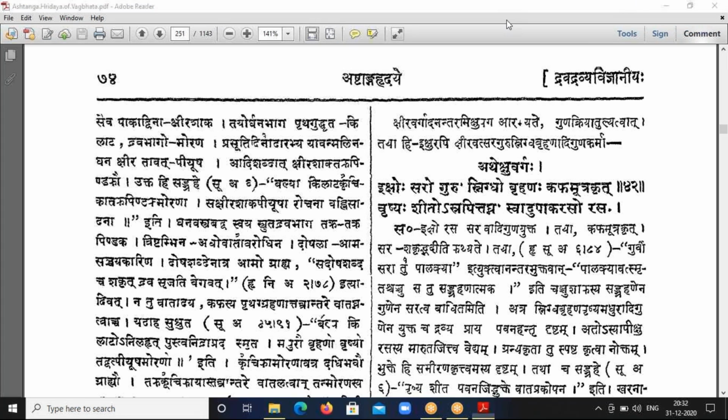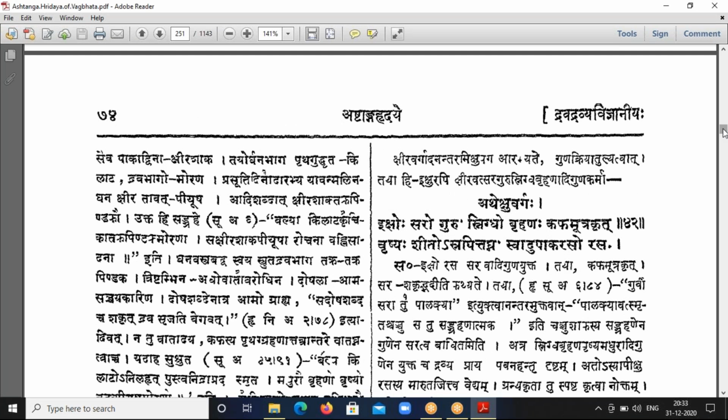Everywhere we find this in Samhitas. So that is the beginning of Ikshu Vargam. Iksho Saro Guru Snigdho Brahmana Kabhamutra Krut, Vrishya Shido Asrapittagnaha Swadupaga Reso Resaha.